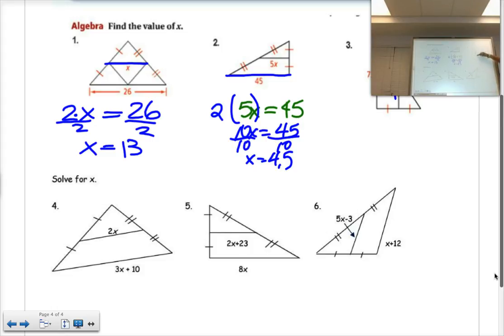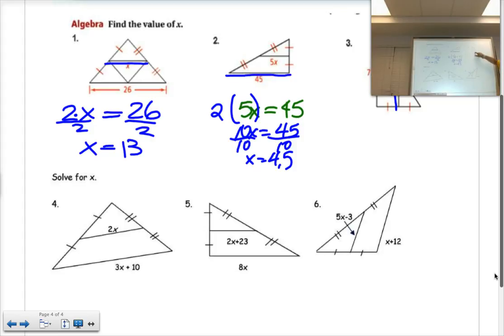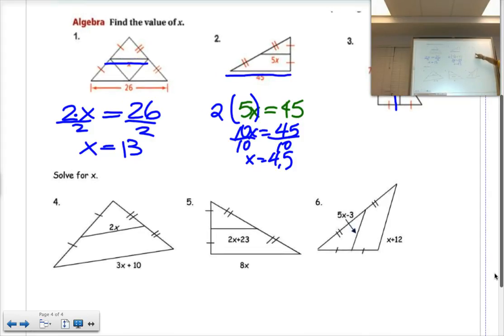Thank you. So my 6x is my midsegment. So how do I write the equation? It'll be 2 times 6x equals 22. Does everybody have that on their paper?